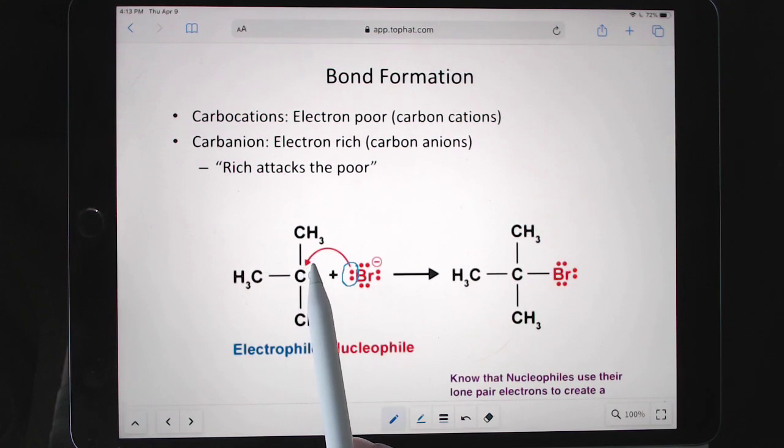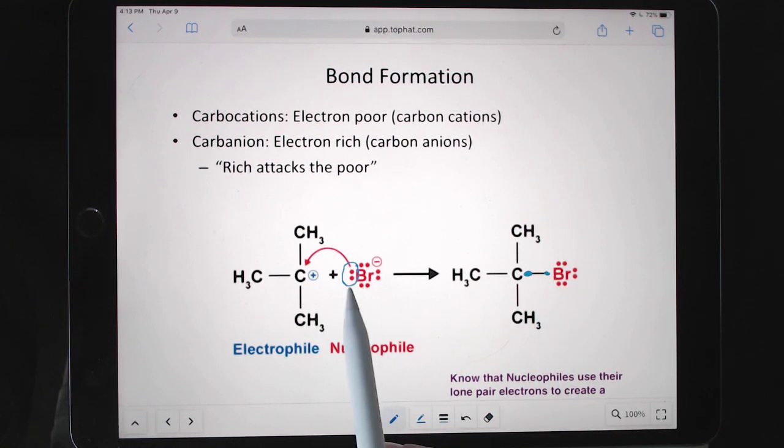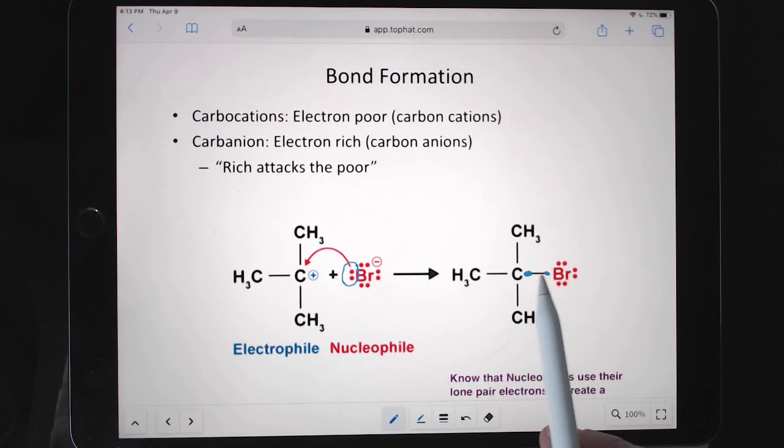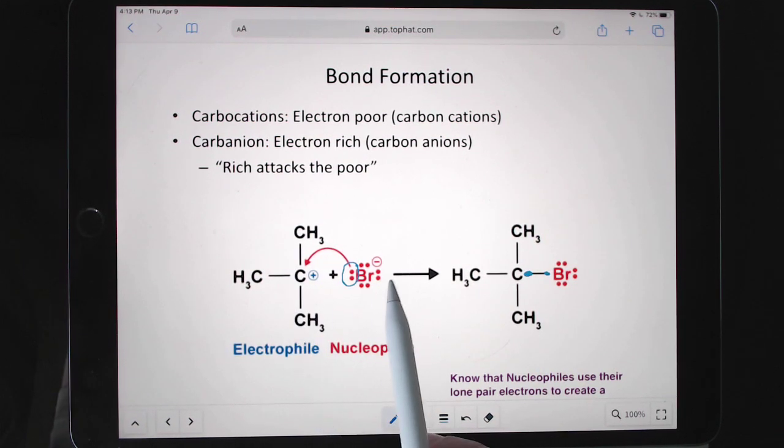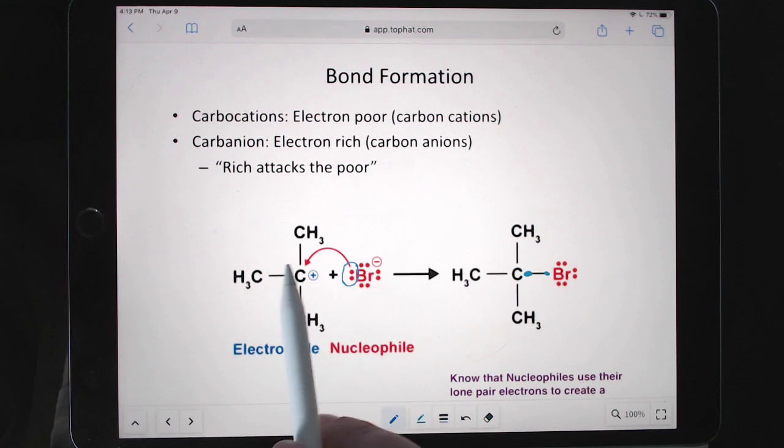Notice it's a full arrow, so both electrons are going, and this lone pair becomes this new bond. The thing that does the attacking is the nucleophile. The thing that accepts the electrons is the electrophile.